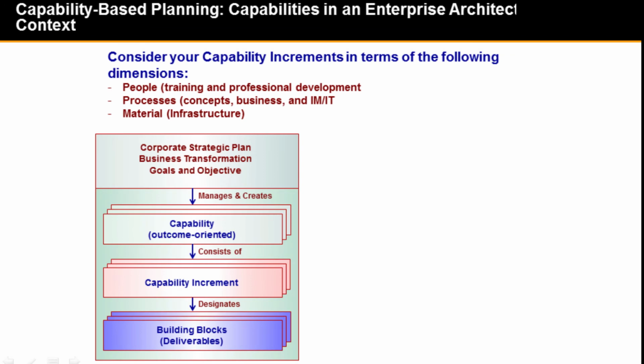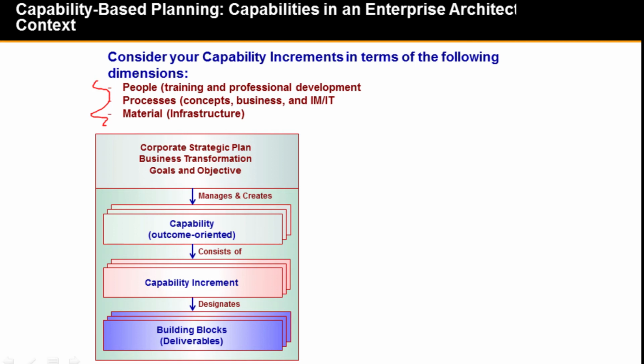In addition to all of the above, the discussion here is that the framework, and specifically the architecture development method, will enable you to establish what we call your capability-based planning, which really is a transformation, or to be more correct, a translation of your strategic planning. You need to consider the famous people, process, and technology.